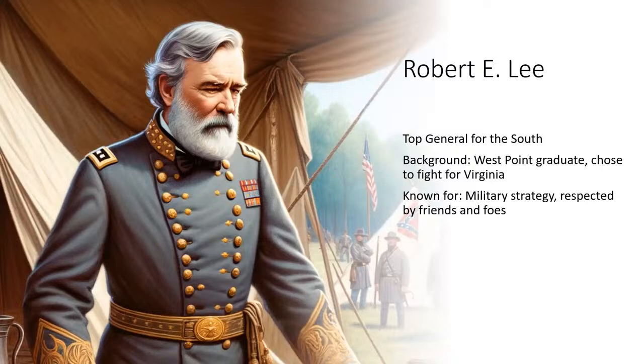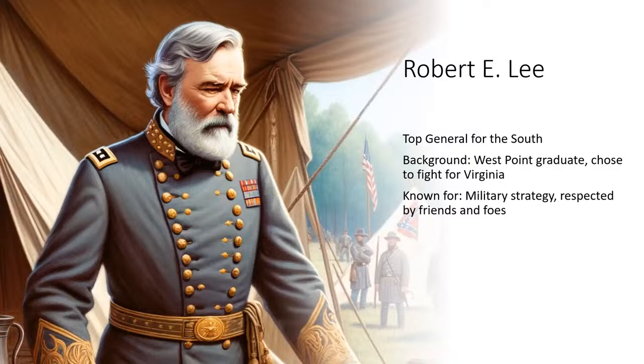He refused to usurp Davis's authority, despite the push from many to make him commander-in-chief. So in a move of desperation, the Confederate Congress appointed Lee as general-in-chief. Now, this was an attempt, of course, to change the outcome of the war by leveraging Lee's military expertise.